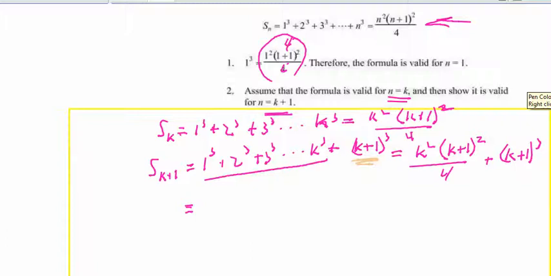So out of that, I'm going to go ahead and factor. We have a common factor of (k plus 1) squared. So I'm taking that out of these two terms, leaving me with k squared over 4 plus a k plus 1. And once again, I'd like to combine these two, so I need a common denominator.